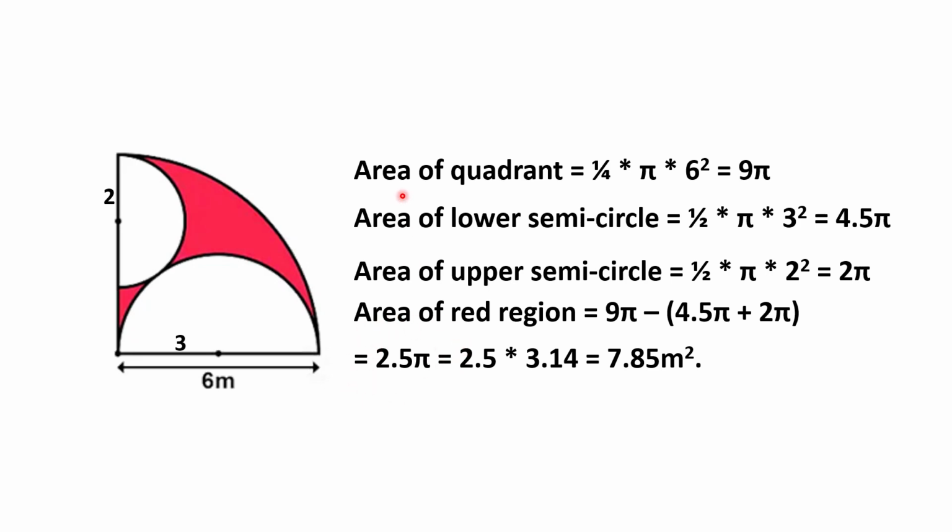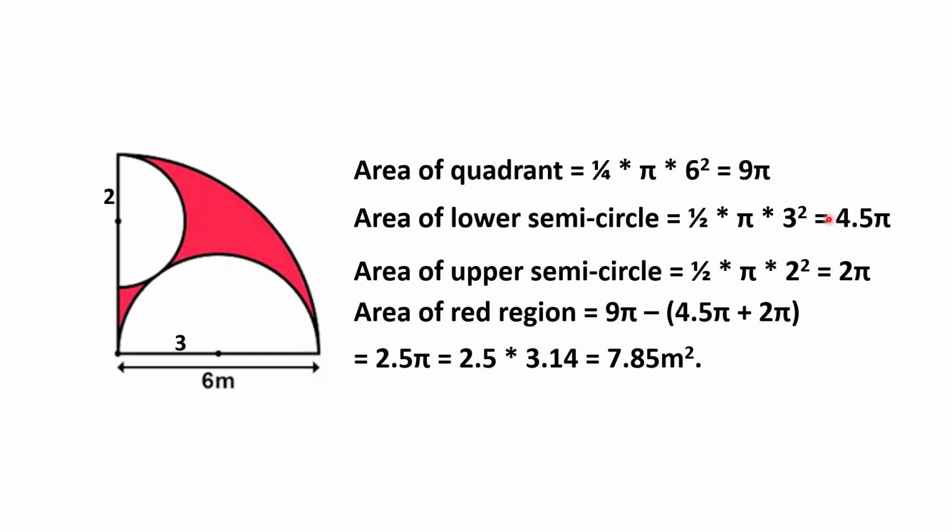We are finding the area of the quadrant as 1/4 of the area of the circle with radius 6. The area of the lower semicircle is half of the area of the circle with radius 3, and the upper semicircle area is half of the area of the circle with radius 2.